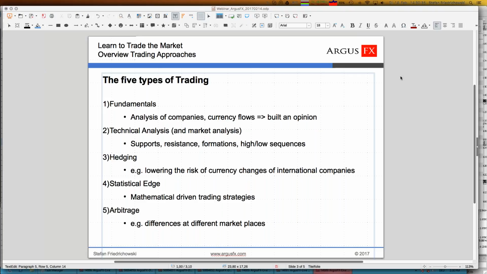A fourth approach about trading activities I would like to mention here is what I call the statistical edge. So the probability advantage, or it does not really depend on how you look into that kind of topic. Finally, what does it mean? It means that your trading activities are purely mathematically driven.